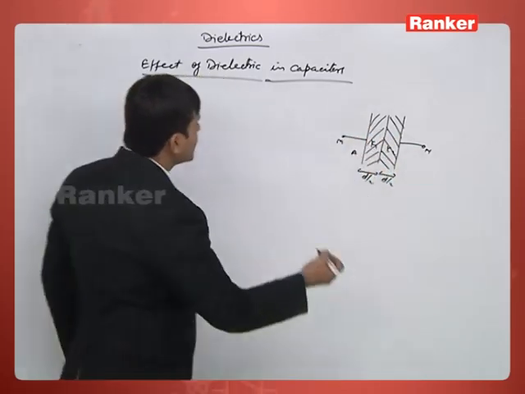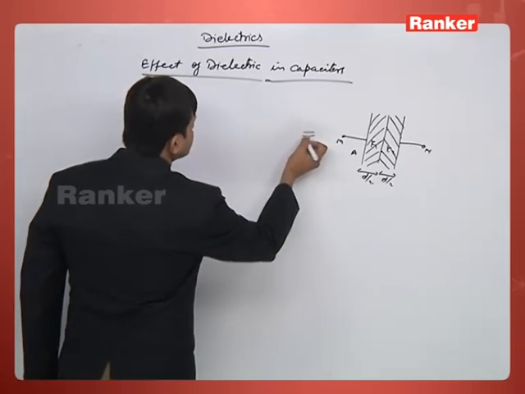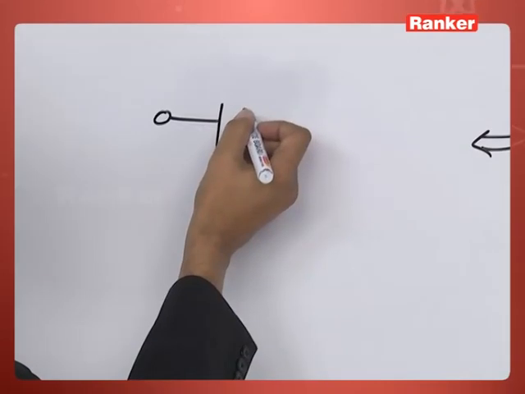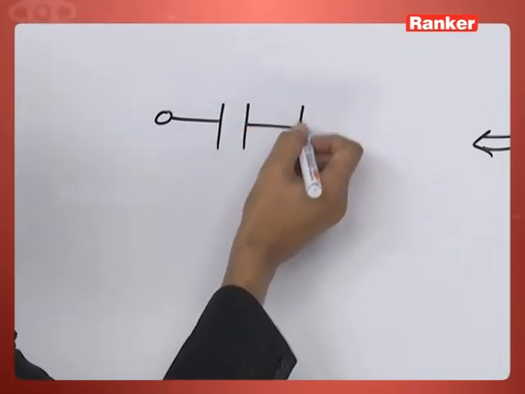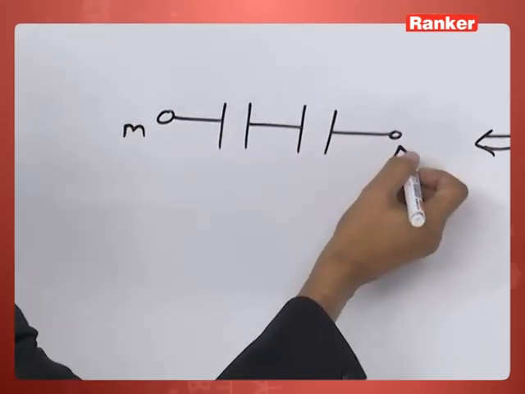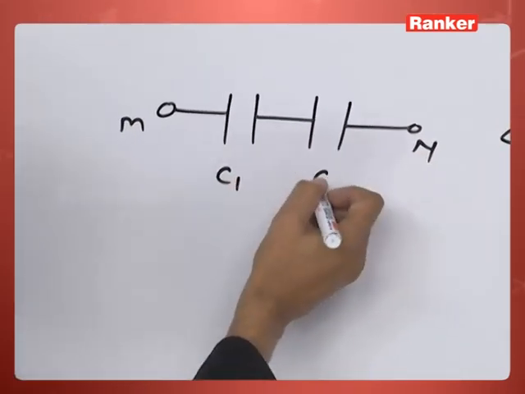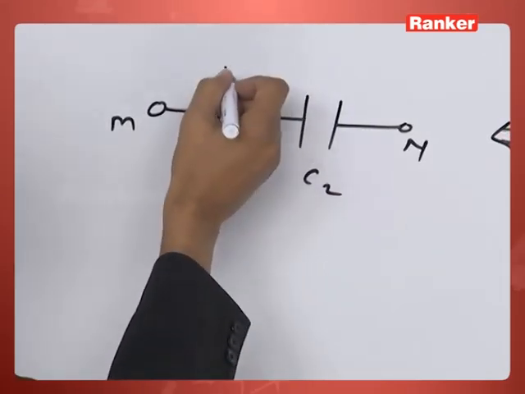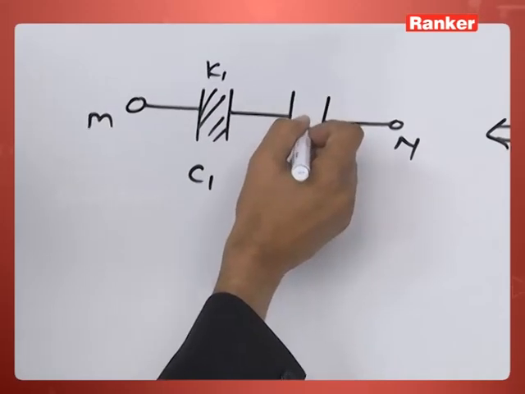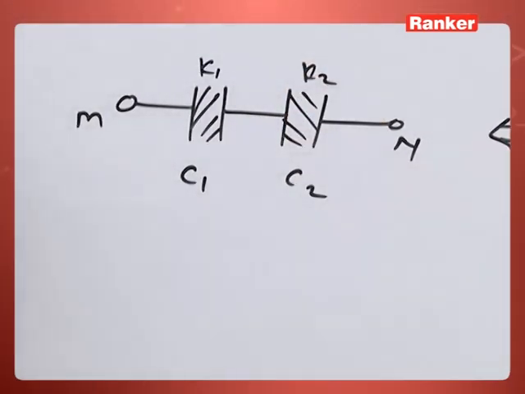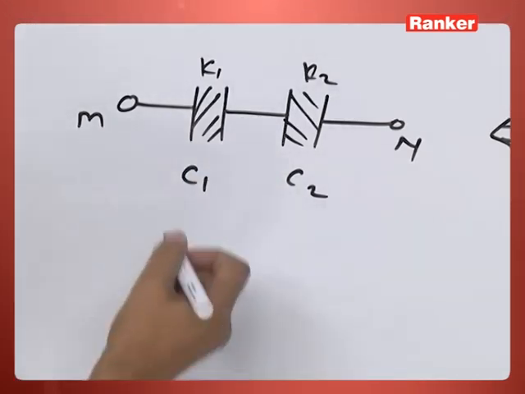So here it can be taken as 2 capacitors and both of them are in series like this. This is C1, this is C2. C1 means a capacitor filled with dielectric K1 and C2 means a capacitor filled with dielectric K2, and the gap between the plates is d by 2 for each.